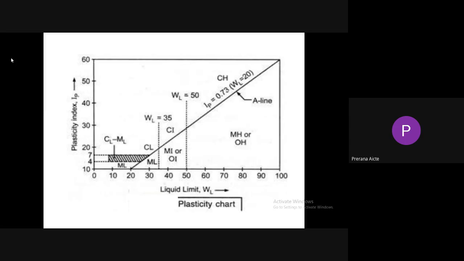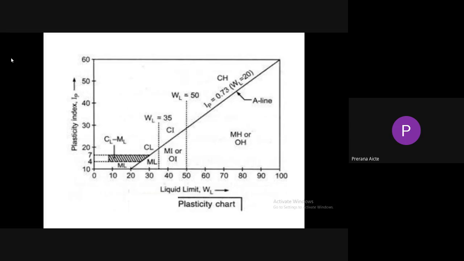So the height of the line from the x-axis equals 0.73 (LL minus 20). Let us check. The line starts at 20% liquid limit. Now substitute 20 in the equation: 20 minus 20 is 0, and 0 times anything is 0. So the height of the line at 20 equals 0.